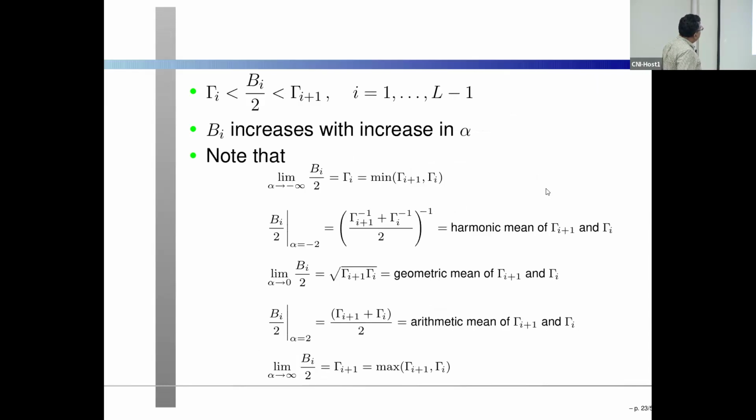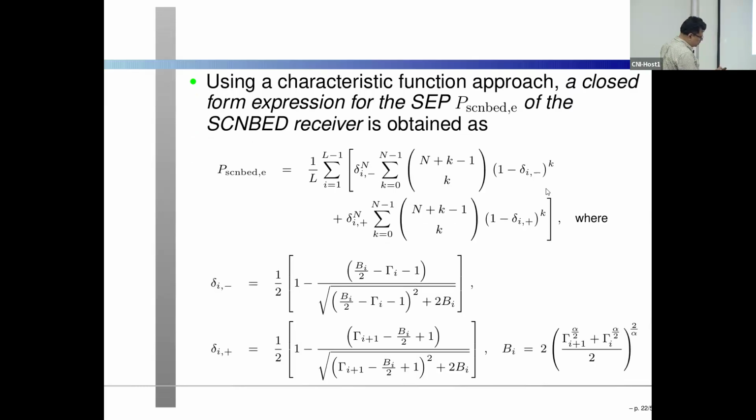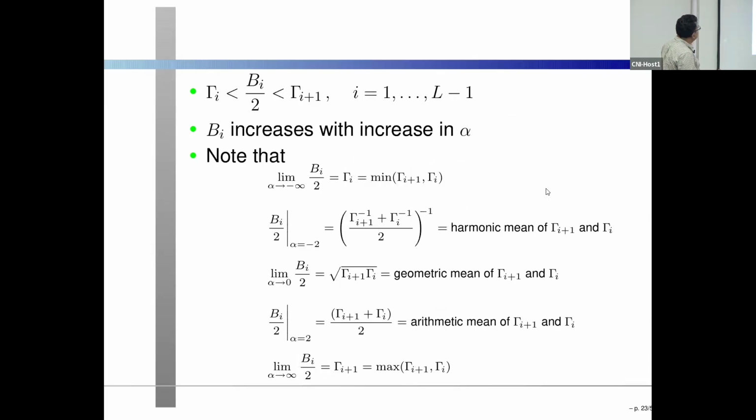Now, another important thing about this BI: as I said, it's something like twice the mean, so BI by 2 is between gamma I and gamma I plus 1. But let's see how BI by 2 changes when alpha changes.